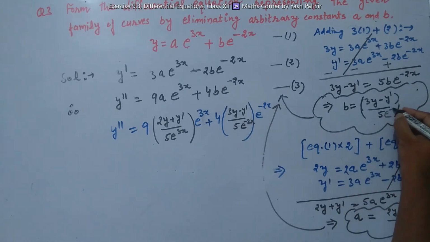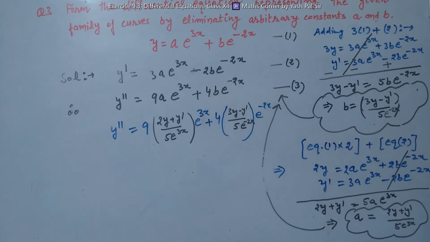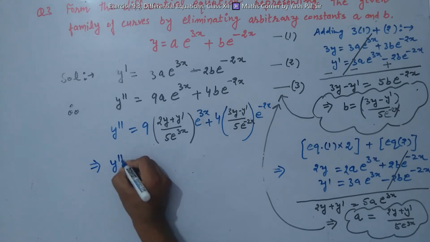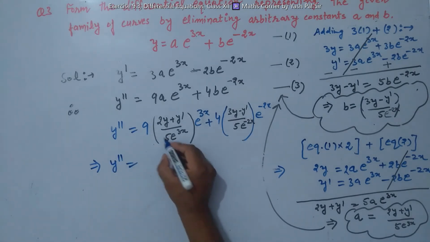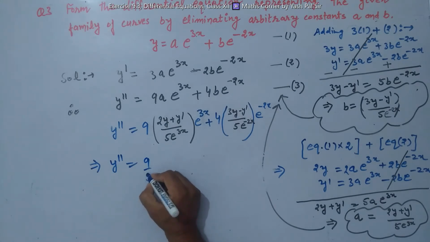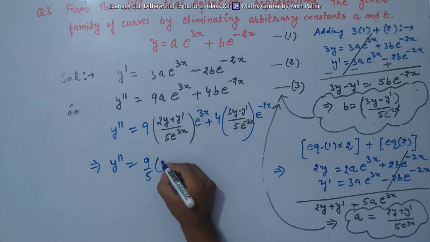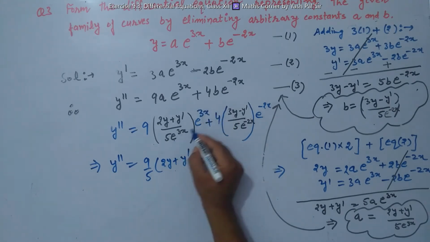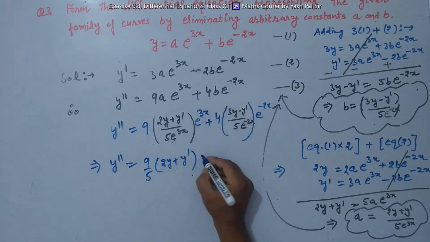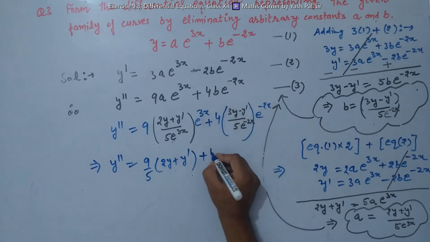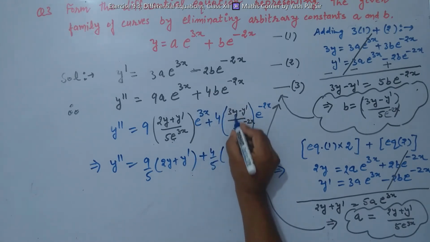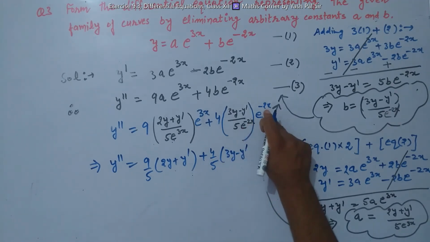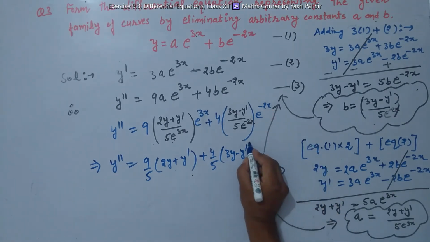So this implies y double dash is equal to 9 upon 5 into 2y plus y dash, e raised to power 3x cancelled, plus 4 upon 5 into 3y minus y dash, e raised to power minus 2x get cancelled.